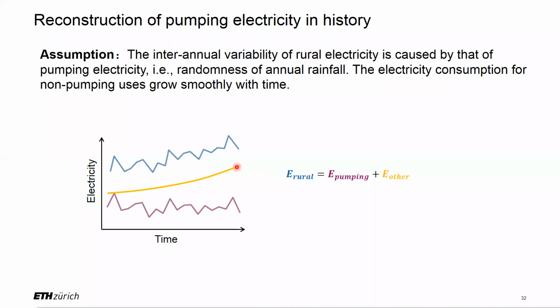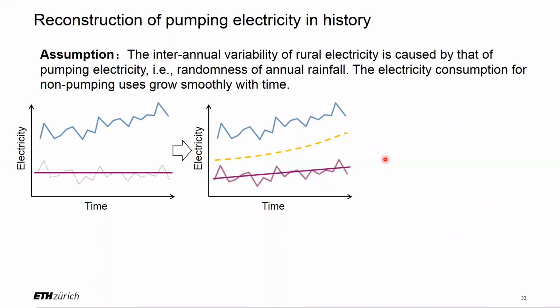And we can assume that the randomness of annual rainfall is the cause of interannual variability of rural pumping electricity. So using this assumption, we can use the detrending method to extract the interannual fluctuations in the rural electricity and apply these fluctuations to the estimated mean pumping electricity to get the time series of pumping electricity.